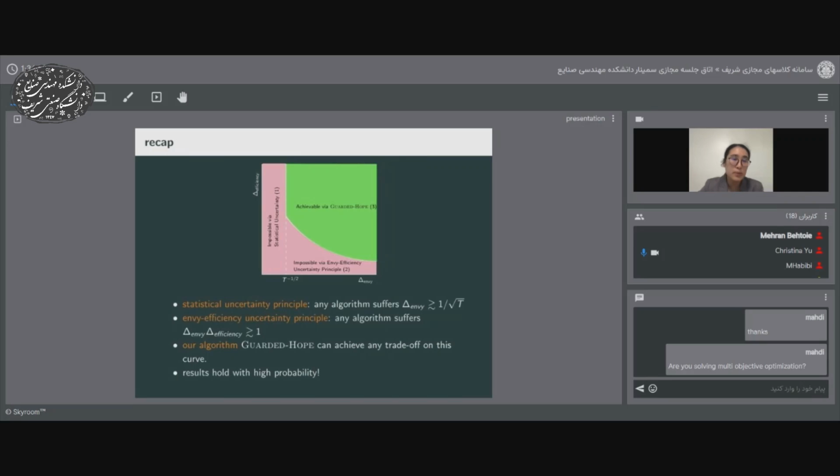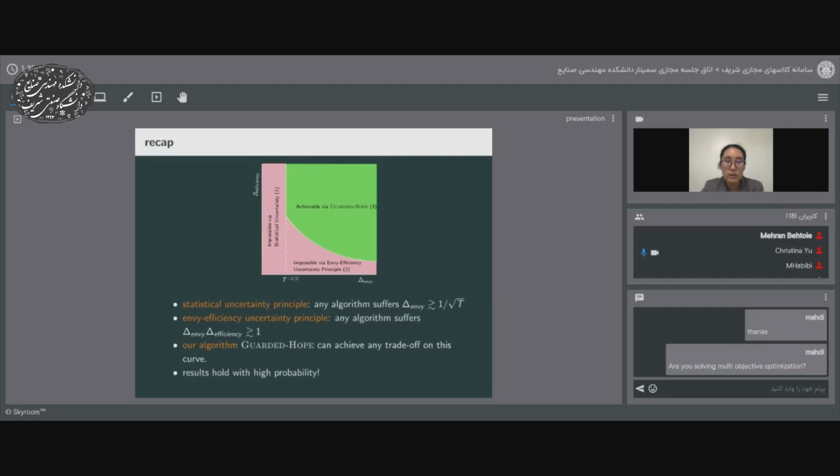Okay, so that's the summary of our result, and again, there are three key pieces to our result. One, this lower bound, that for any algorithm, this first objective, delta MV, which we want to minimize, has to be at least 1 over root t.